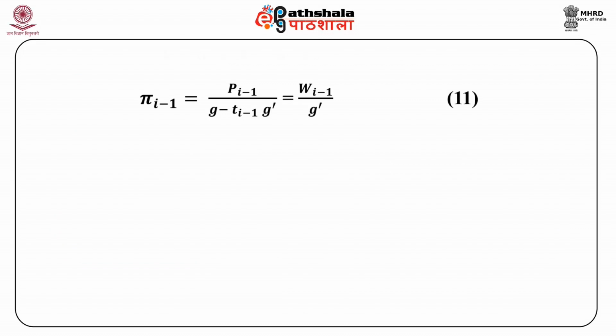Pi i minus 1 is equal to P i minus 1 upon G' minus T i minus 1 into G' is equal to W i minus 1 upon G', equation 11.